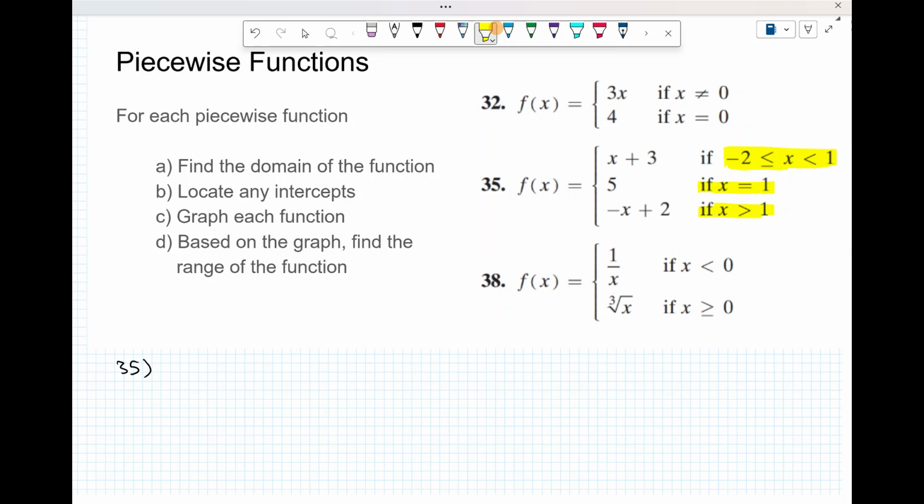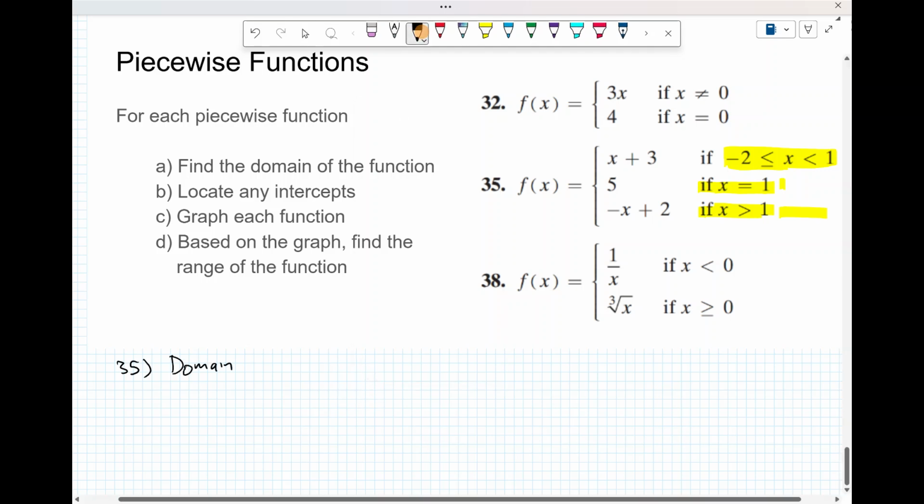Putting this all together, the smallest possible number is negative 2, and then it goes up to 1. It includes 1, and then it goes to infinity after 1. So really, this is going to be all the numbers starting at negative 2, and it includes negative 2, so I'll do a square bracket, and it really goes all the way up to infinity, right?